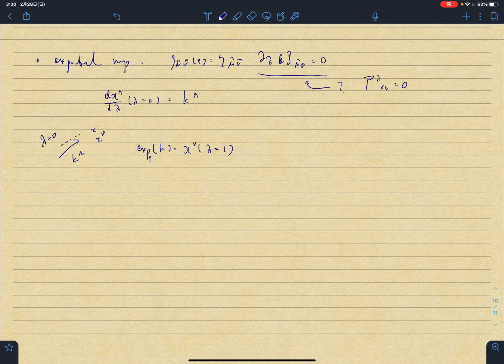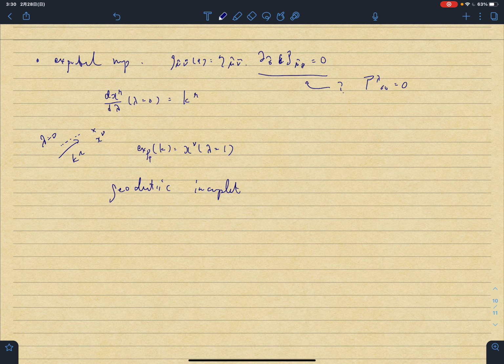The domain can fail to be all of T_P because geodesics may run into a singularity, which we think of as the edge of the manifold. Manifolds that have such things are known as geodesically incomplete.